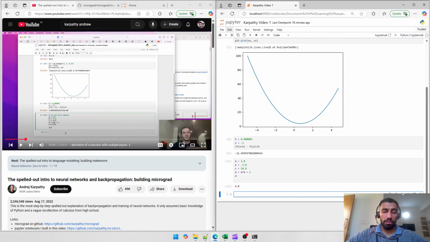So we can do that. Let's take a plus equal to h, and let's define h here as well. So h is equal to 0.001.